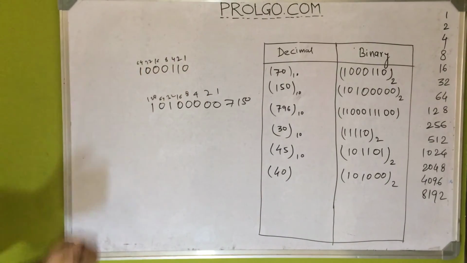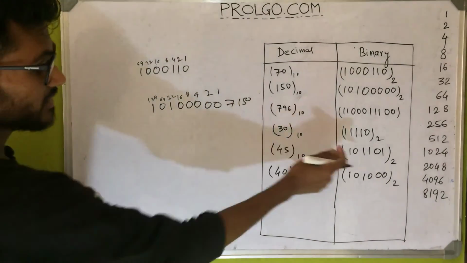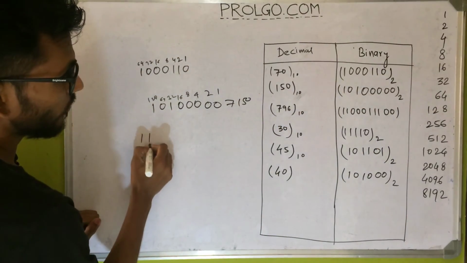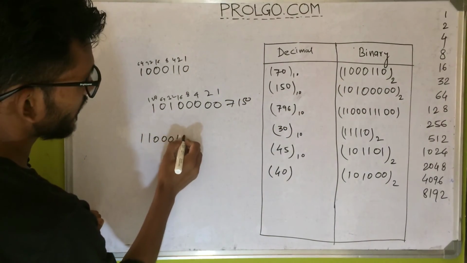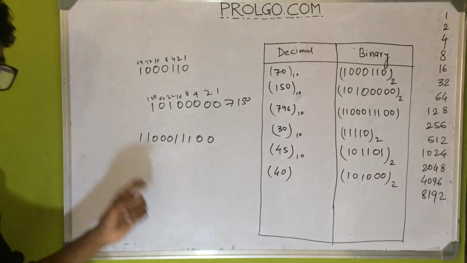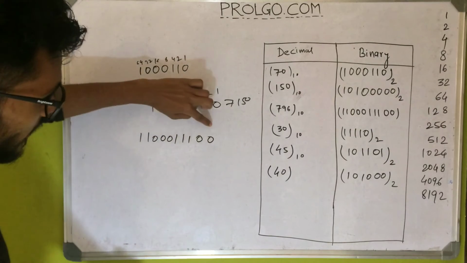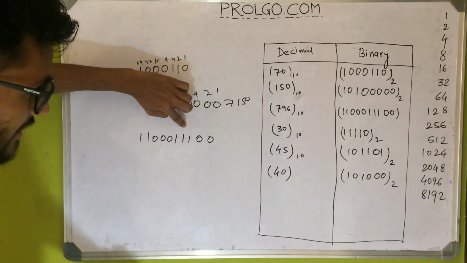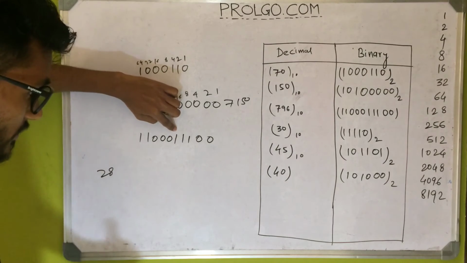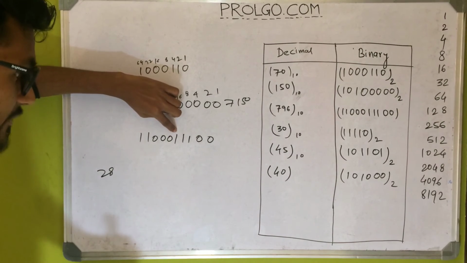Now this is the way you have to do it. Now just take another example. I am taking this one, 1100011100. So if you want to do it in your mind, just do 1, 2, 4, 8, 12, 16, 28. So just put 28 and it was 16.